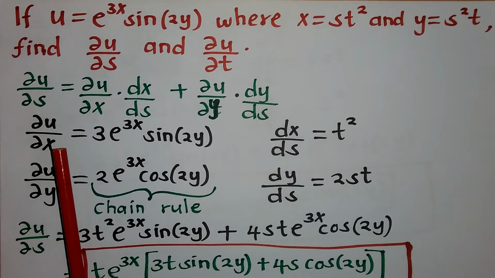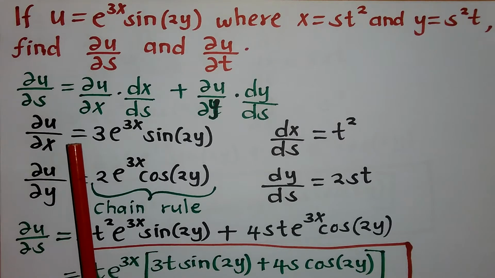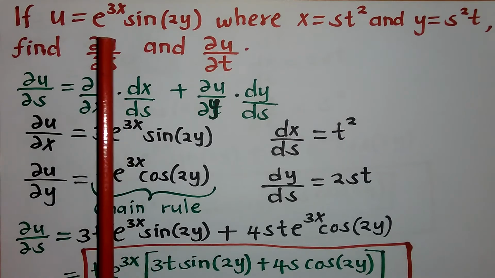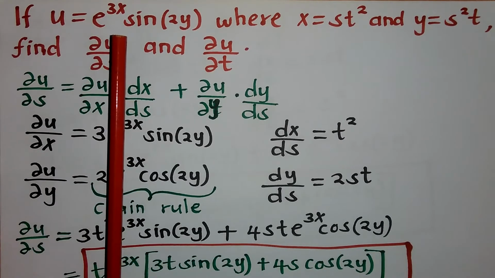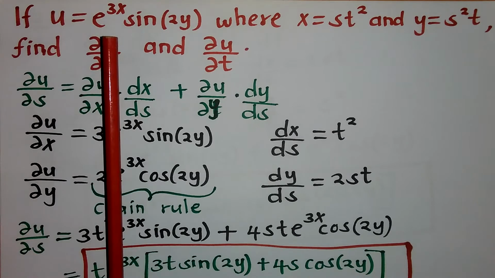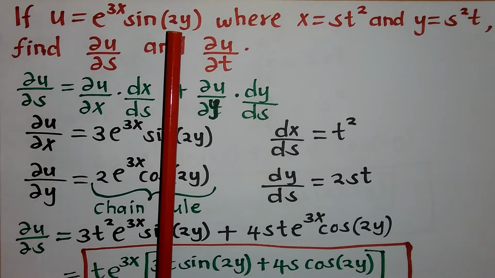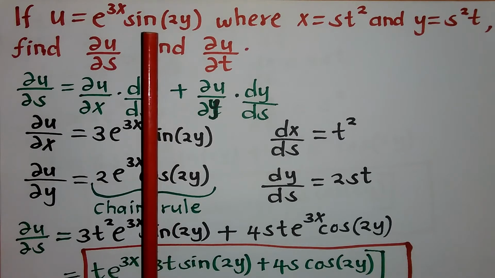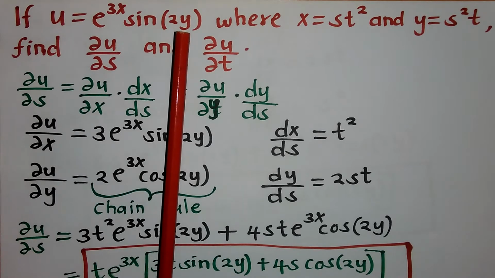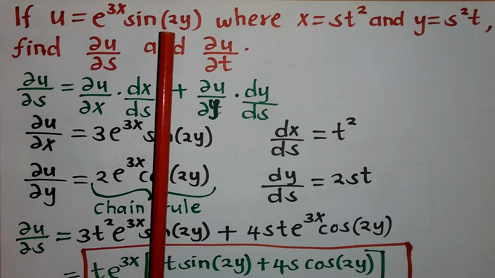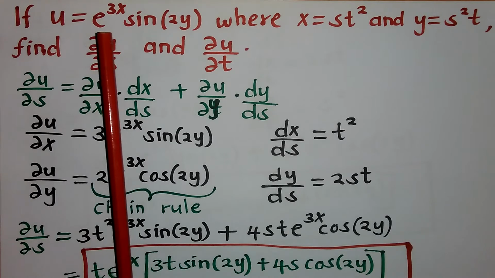We have the derivative of u with respect to x. If we are deriving with respect to x, we're going to treat y as a constant, which means sin 2y is not going to change. Therefore, we're going to compute the derivative of this exponential 3x.